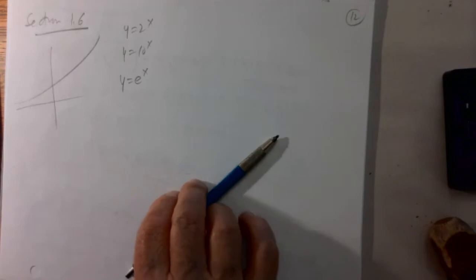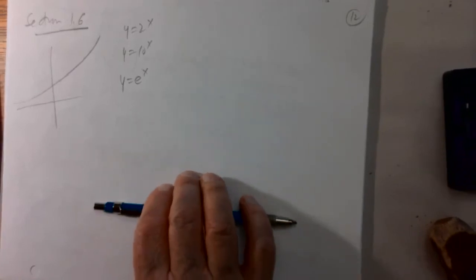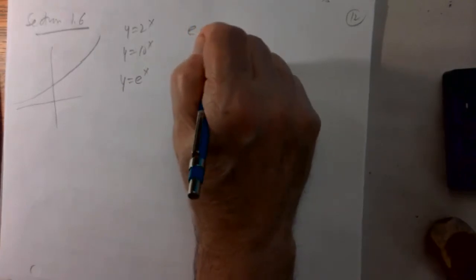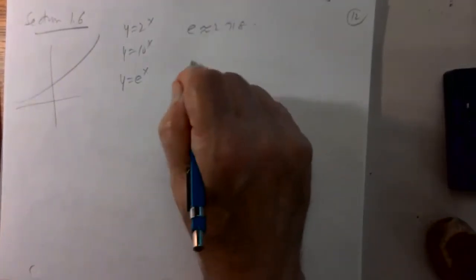The most important numbers in calculus after 0 and 1 are pi and e. And e is approximately 2.718. And exponential functions grow like this. And they have inverses. So this is exponential functions.